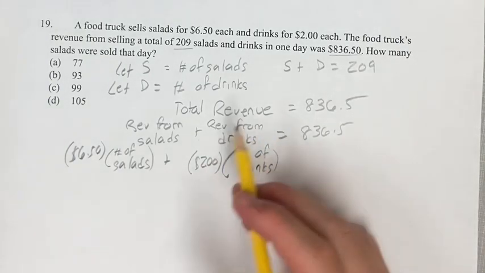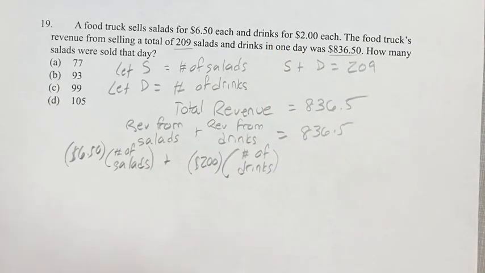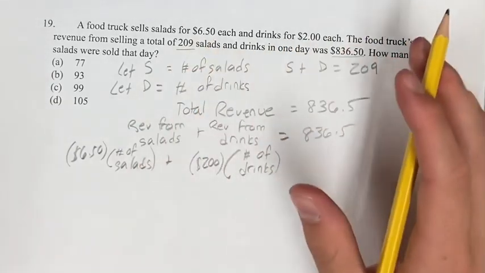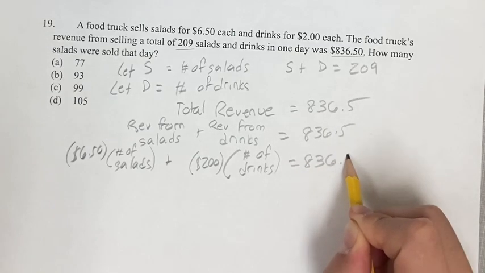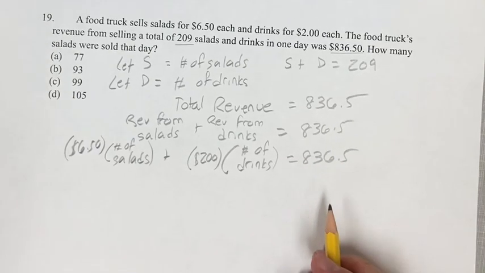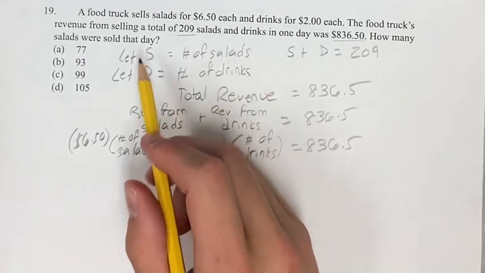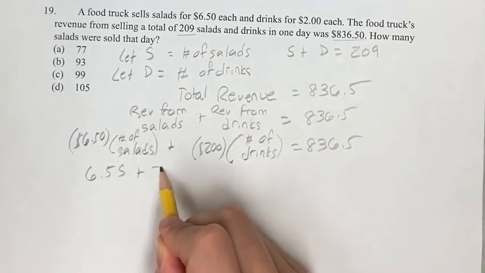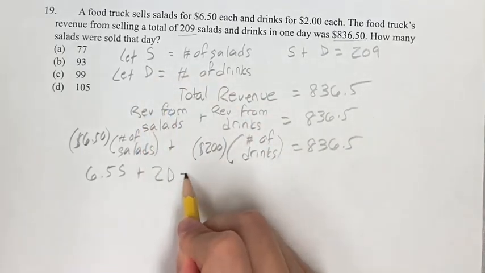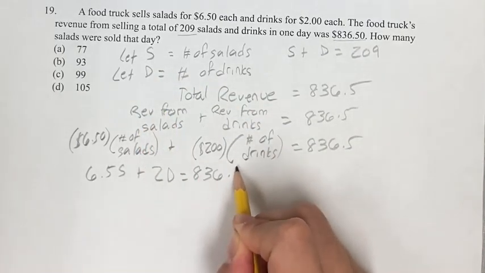So if they sold 10 drinks for $2 each, the total revenue would be 10 times 2, which is $20 for those drinks. And in this situation, the number of salads is represented by S, so we have 6.5S plus 2 times the number of drinks, which we had as D, and this is equal to 836.5.